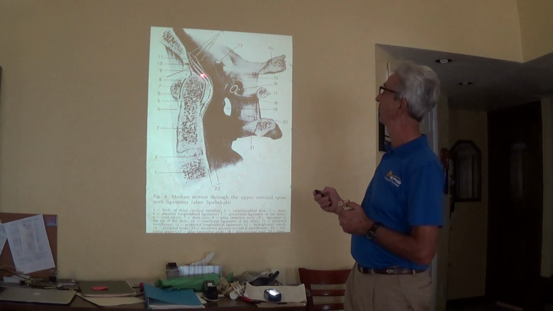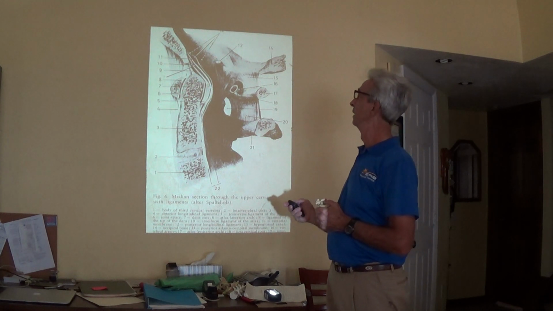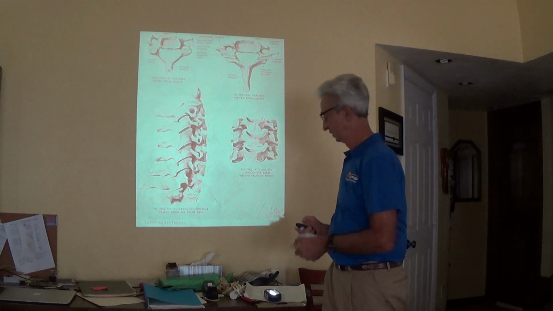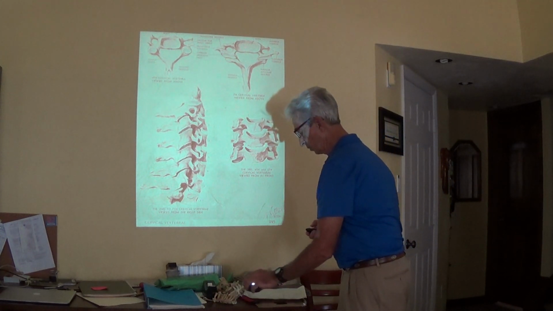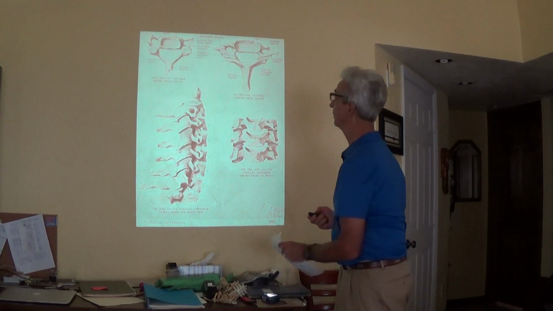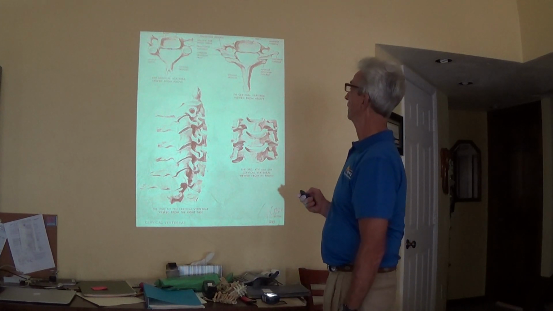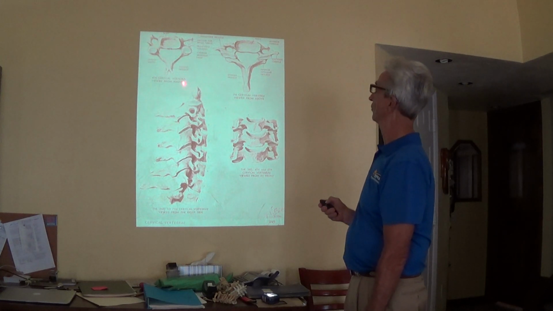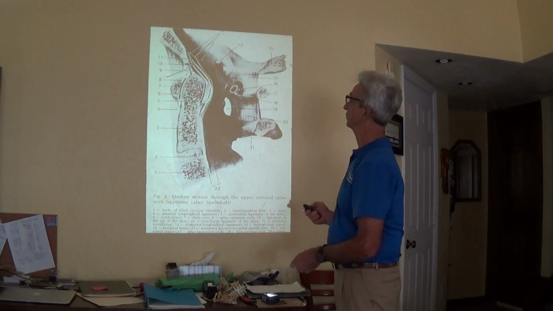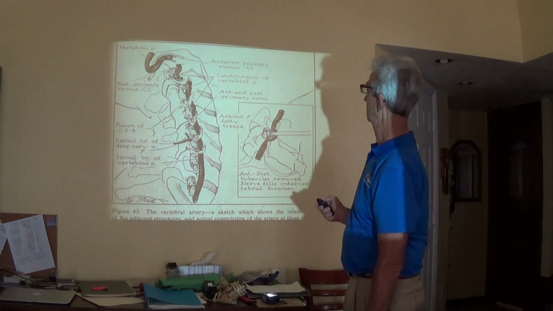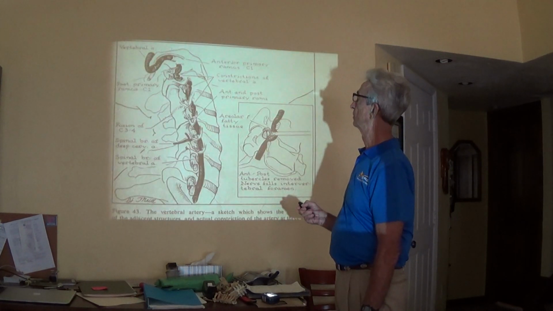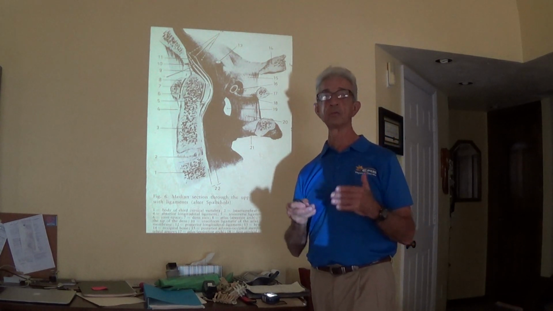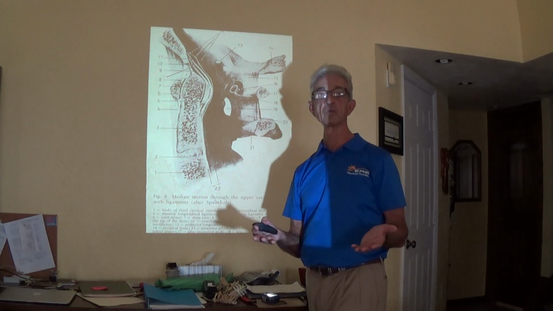At any rate, you have this joint right here, and you have the facet joint of the atlas and the axis. These vertebrae are very atypical. Like I said, there is no disc here, and there's no intervertebral foramen for the C1 or C2 nerve roots to come out of.